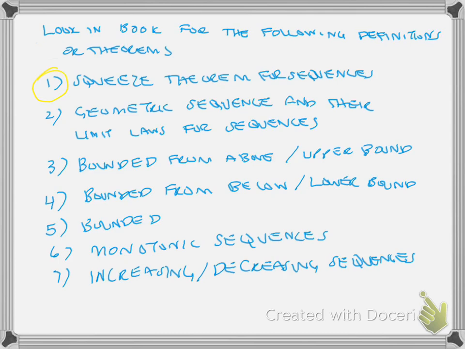I want you to write out the squeeze theorem for sequences, the geometric series, and the limit laws for sequences. Bounded from above and the upper bound, write that definition out. Bounded from below and the lower bound, write that definition out. What does it mean for a sequence to be bounded? Monotonic sequences, and then increasing and decreasing sequences.